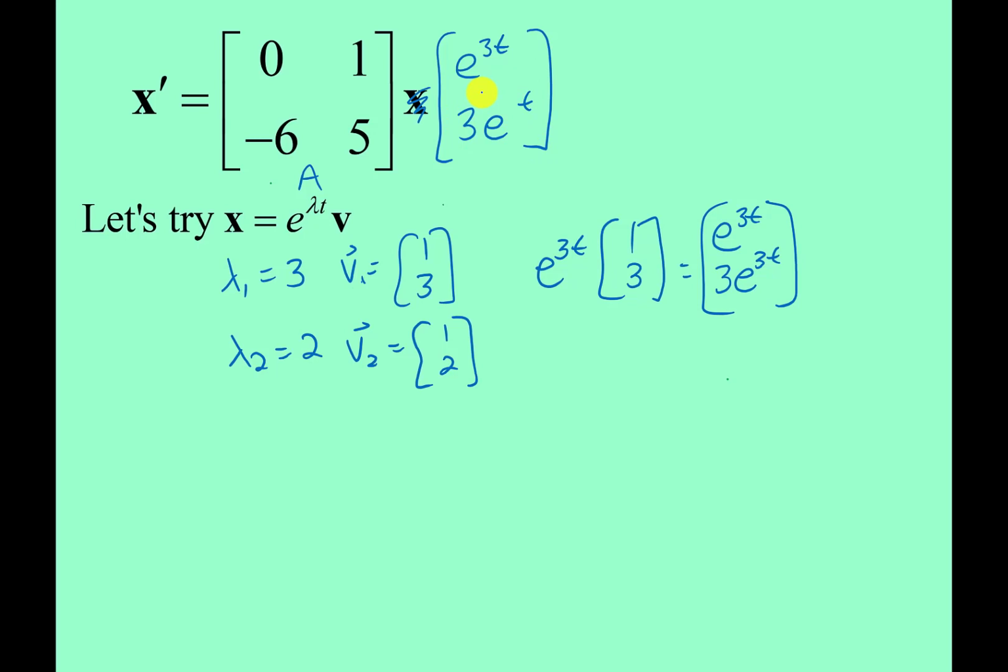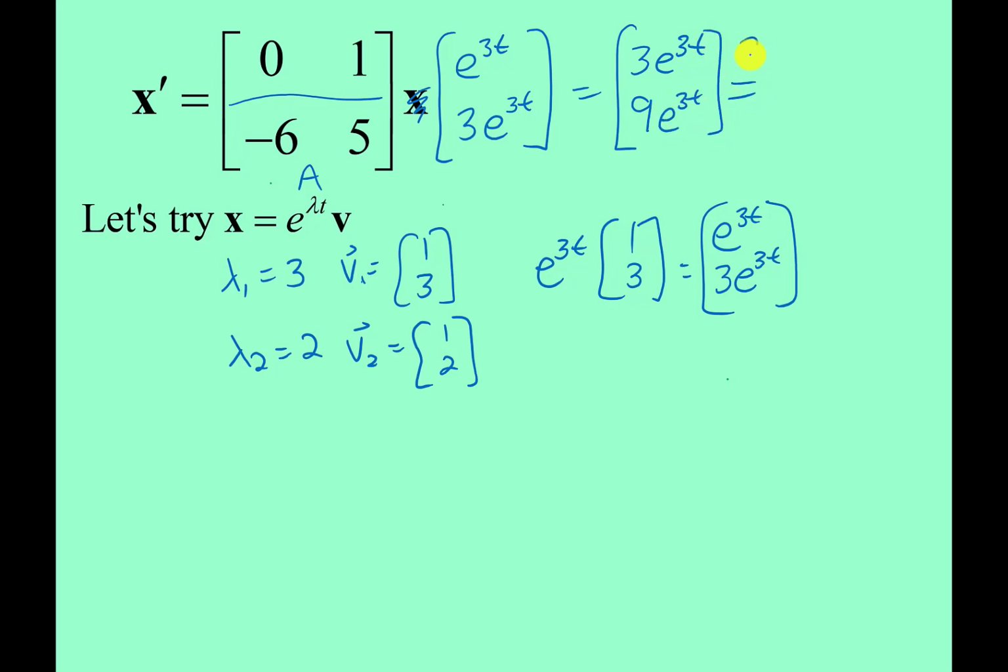So let's go ahead and multiply these. We go across the row and down the column. We have 0 and we have 3e to the 3t. So 3e to the 3t. Let's do second row down the column. We have -6e to the 3t plus 15e to the 3t. That's 9e to the 3t.